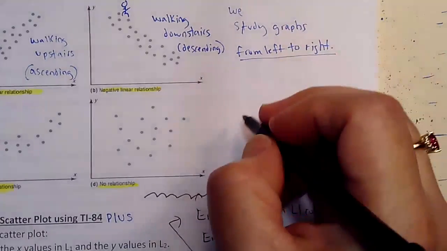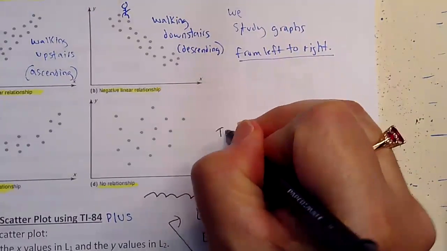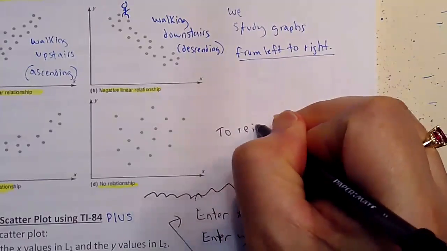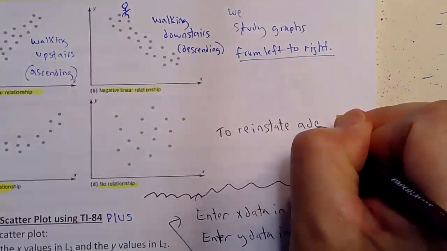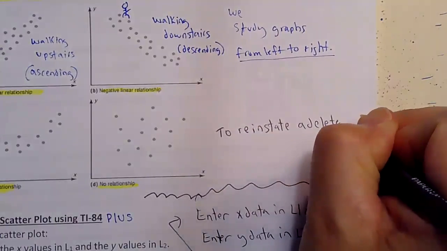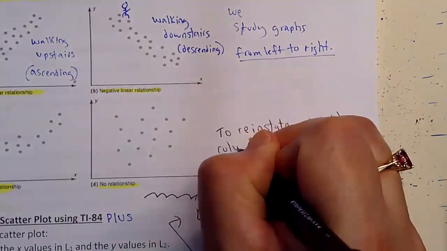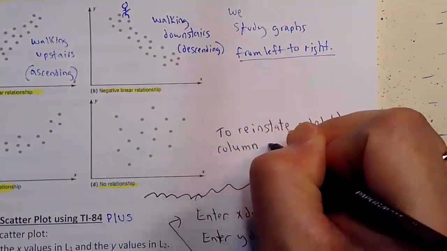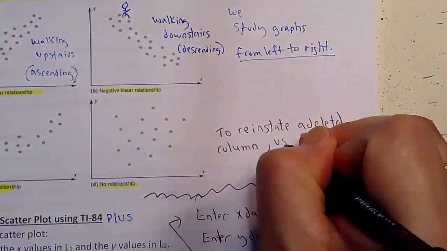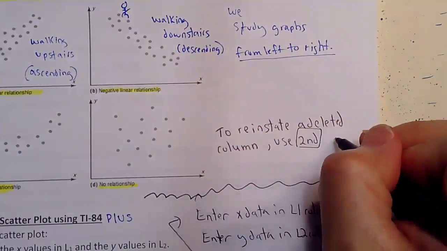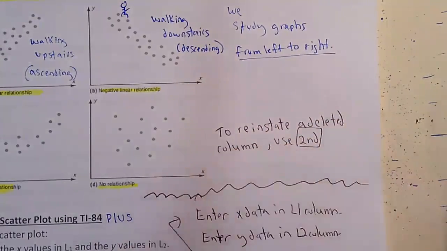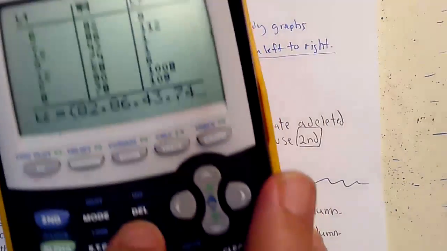To reinstate a deleted column, you can use the second button and then insert, which is on top of the delete.